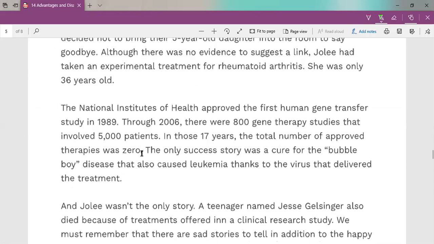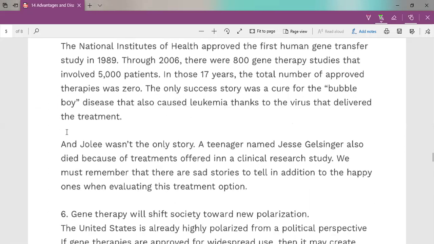Let me just go to this part. This is like a story. But it said the National Institute of Health approved the first human gene transfer study in 1989. Through 2006, there were 800 gene therapy studies that involved 5,000 patients. And in those 17 years, the total number of approved therapies was 0.